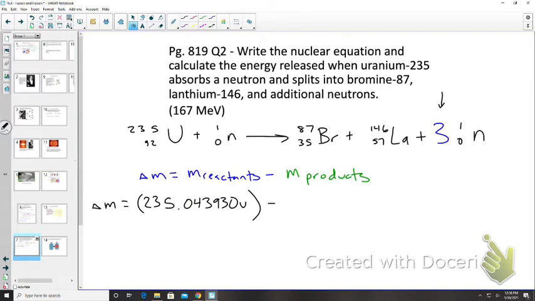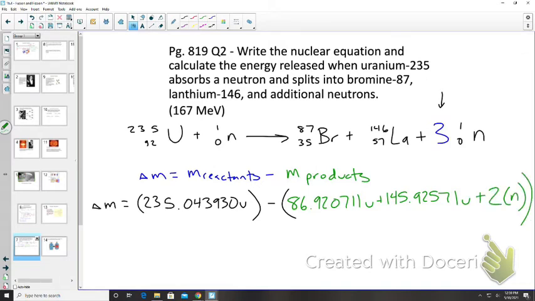So that's going to subtract the mass of bromine 87 is 86.920711 atomic mass units, plus the mass of lanthanum 146, which is 145.92571 atomic mass units, plus 2 times the mass of a neutron. Okay, and again, I only have 2 here because I simplified and took out that 1 neutron from the reactant side. Okay, so punch this into your calculator.